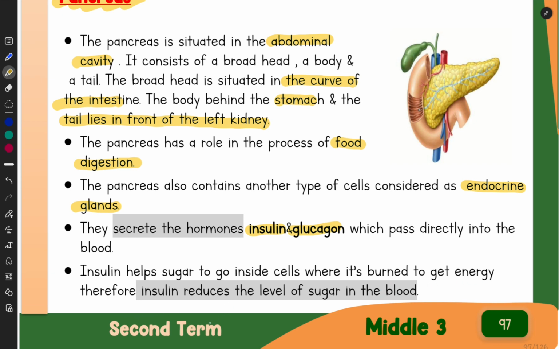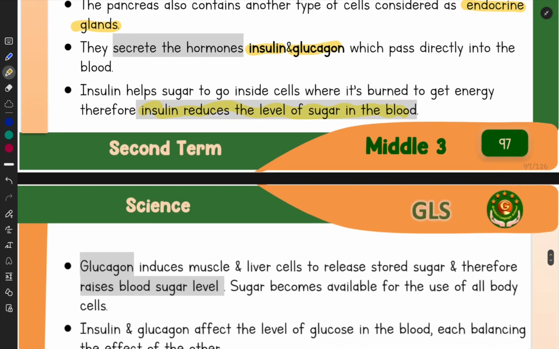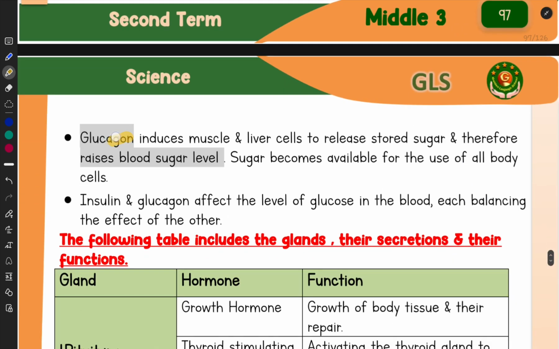Therefore, insulin reduces the level of sugar in the blood. Okay, what about glucagon? Glucagon is the opposite one. It induces muscle and liver cells to release stored sugar, therefore raising the blood sugar level.